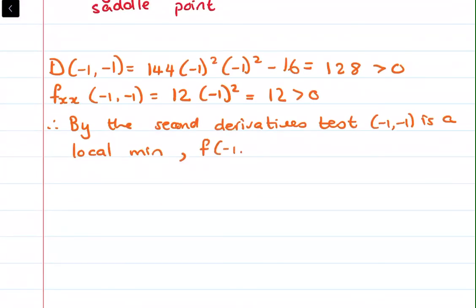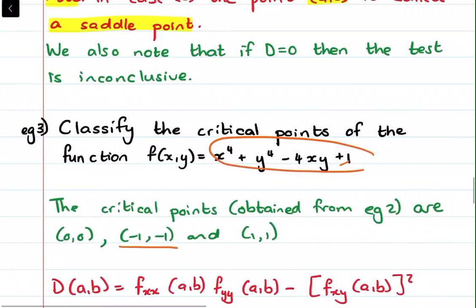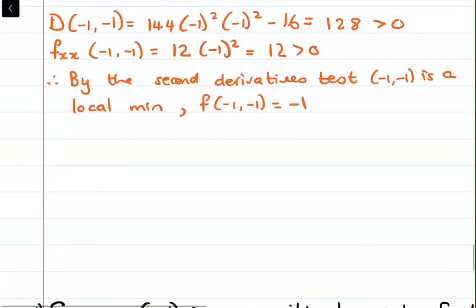If we calculate f at -1, -1, so this means that you are supposed to substitute -1, -1 here, you will get that the answer is equal to -1. So then this is what we call a local minimum value. Remember, that's the value.